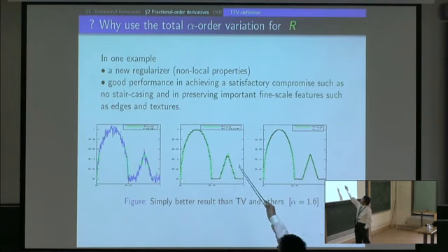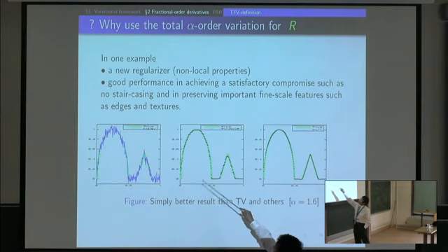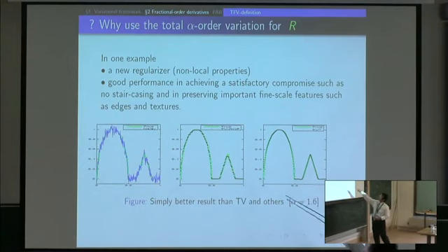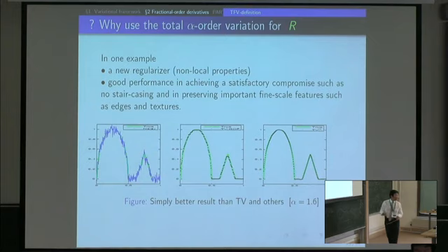Depending on how you tune the parameters, you get a piecewise constant solution. You can approximate the quadratic part very nicely, also the linear part. The constant part, if you tune the parameter right, is sort of good. But for the fractional model, you can see the smooth curves almost restored perfectly.